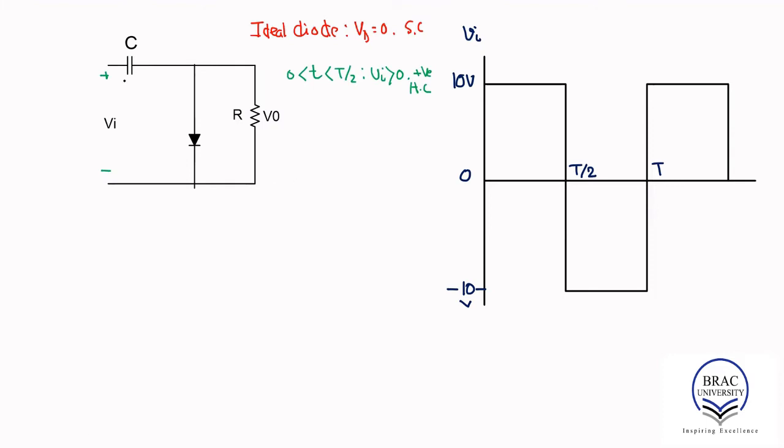So for positive half cycle, we can notice the diode appears to be forward biased, so diode appears to be forward biased to make it short circuit. So diode is short circuit.